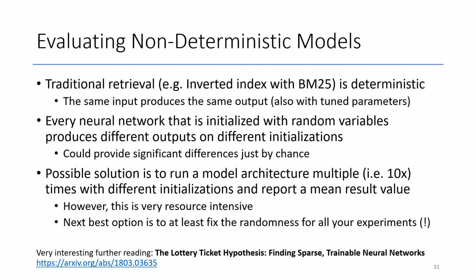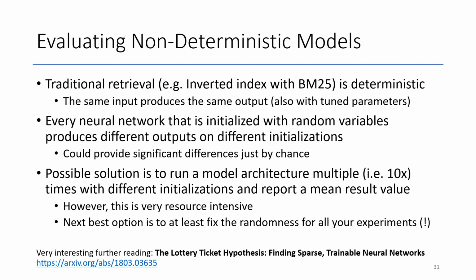But if you work, as we are going to do in this course, with neural networks, you initialize the neural network components with randomness. This randomness gives you different initializations for different random seeds. And here, very well, you could produce significant differences just by chance of your different initialization.